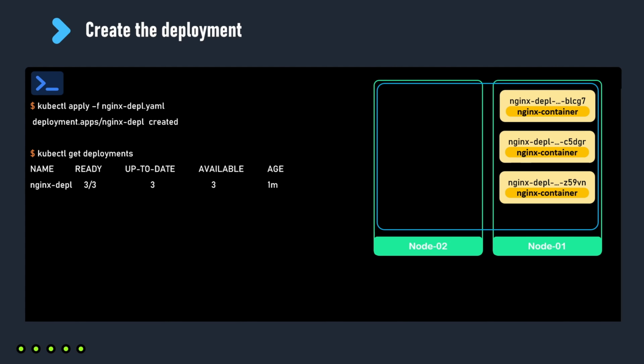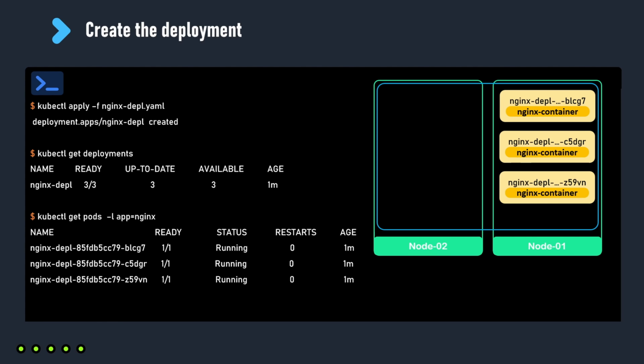We can also list the pods created by the deployment using kubectl get pods, followed by the -l option to get only the pods having the label app=nginx. And as we see in the output of this command, we have 3 pods created by the nginx deployment.